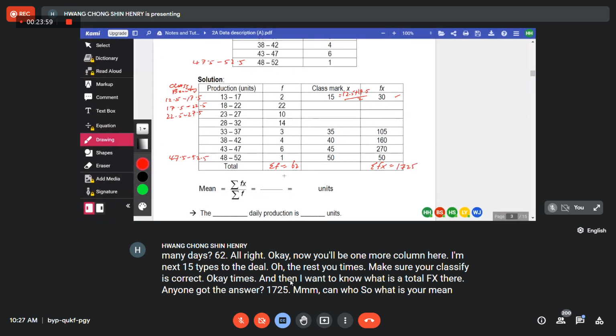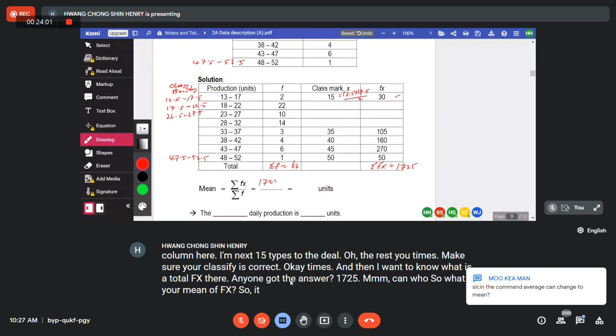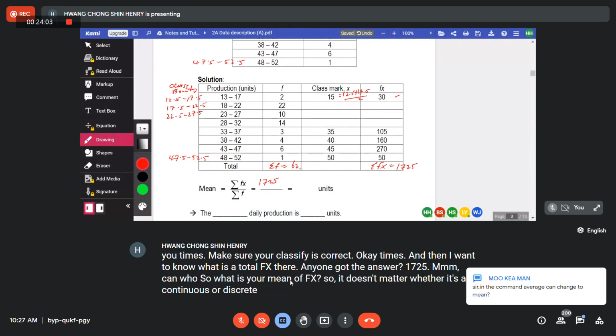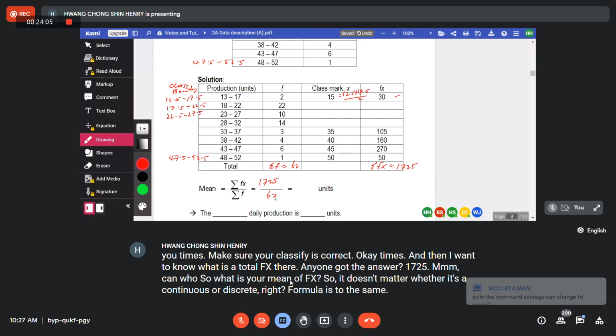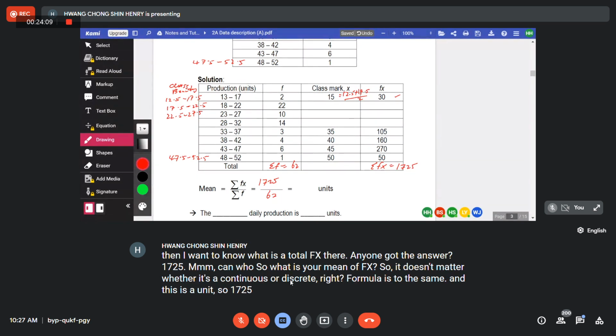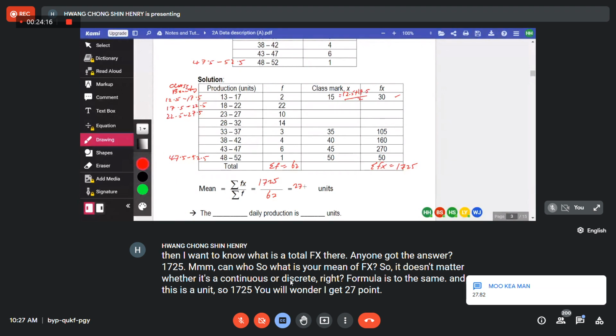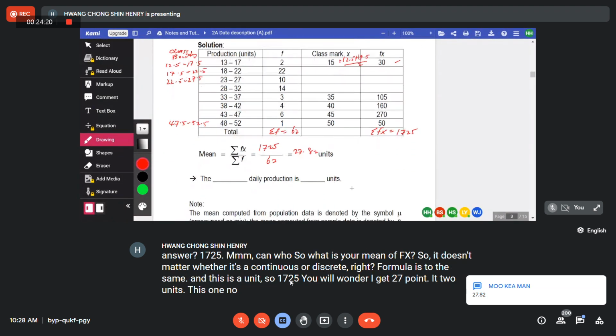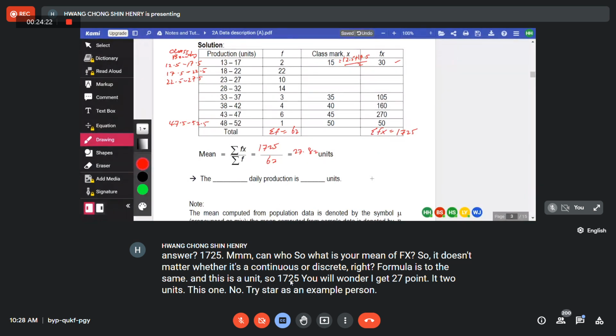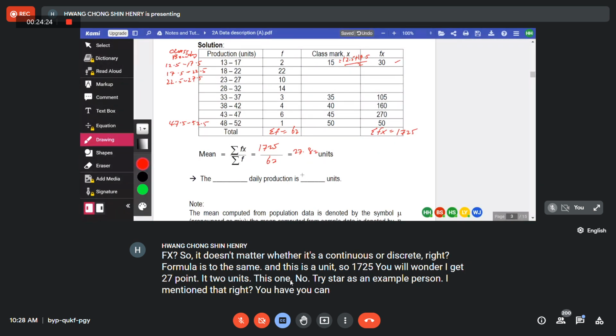Total of fx. So it doesn't matter whether it's continuous or discrete, right? The formula is still the same. And this is the units. So 1725, you will wonder, I get 27.82 units. This one, no choice. As an exam purpose, I mentioned that, right? You can write the decimal point.